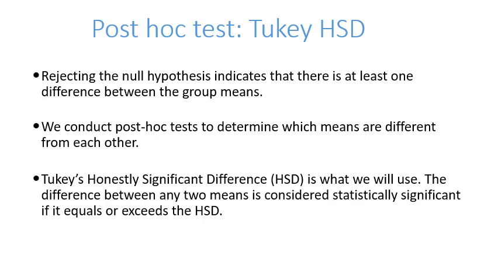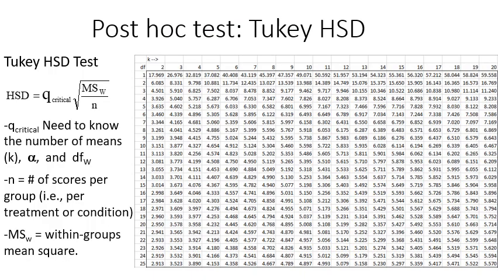Any means that differ by more than that become significant. So this is our Tukey's HSD critical chart, because for the Tukey's HSD test, the HSD is going to equal Q critical times the square root of our mean square within divided by n.